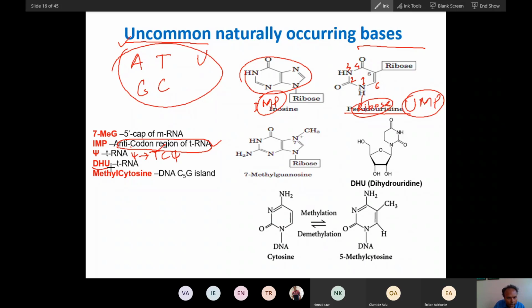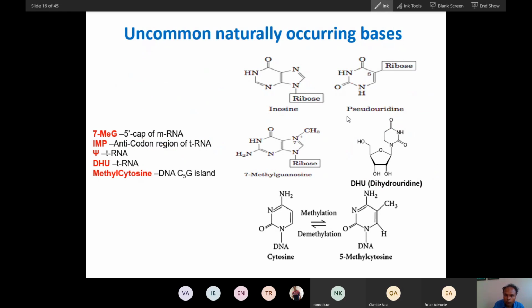And now this dihydrouridine is the reduced form of uracil. So you can see here DHU. This is uracil. You can see uracil has one double bond. This is the reduced form of uracil. It's called dihydrouridine. Now, if you can see, we have seen 2 forms of uracil. One is pseudouridine, and DHU is also a form of uracil. So 2 forms of uracil are present in tRNA, and this IMP also.